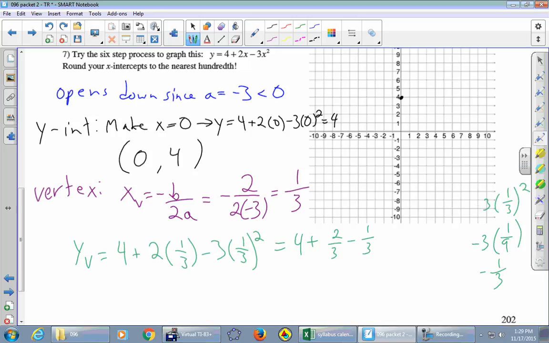Maybe it's better to just make it positive. So we didn't reduce 1/9 to 1/3. We canceled. This 3 and this 9 became a 1 and a 3. And so our answer was just 1/3.